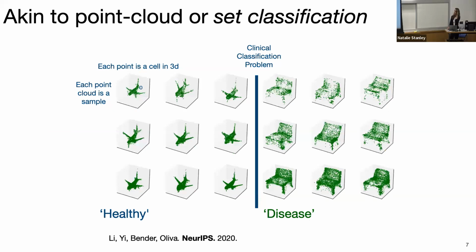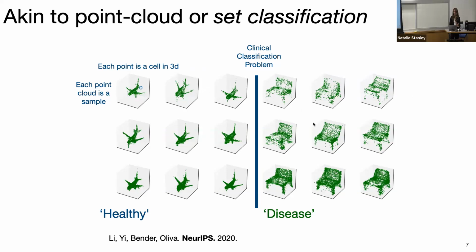So it turns out that the people in machine learning have been studying these kinds of data for a long time, looking at point cloud classification. If you haven't heard the term point cloud, this is just a bunch of data points in some d-dimensional space, where in this example, I'm showing you points in 3-dimensional space, where each one of these, let's say, an airplane, is an instance of a point cloud of a particular type.